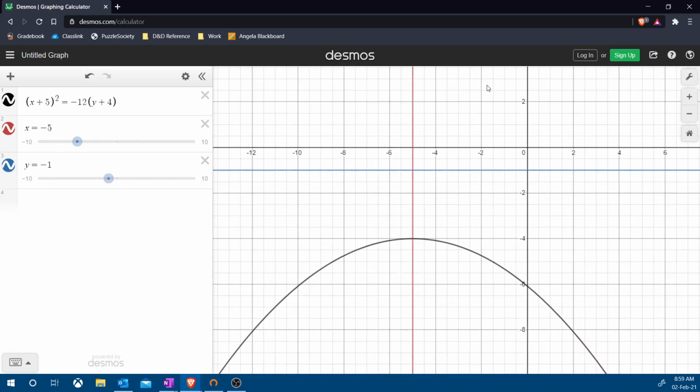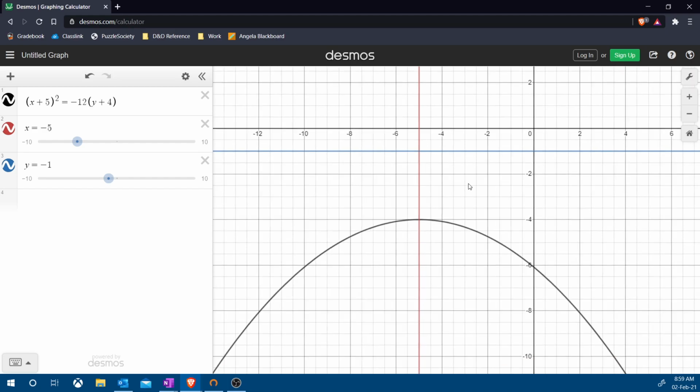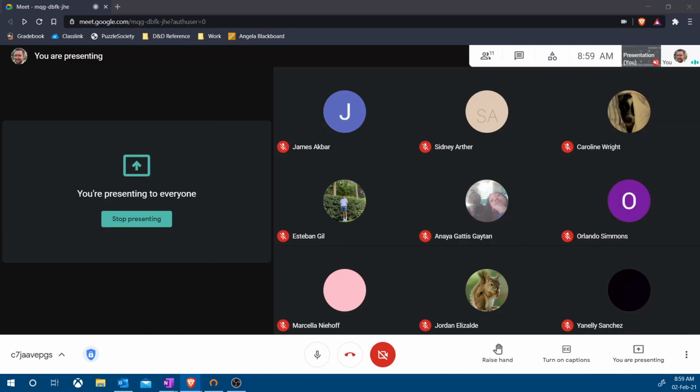And we believe our vertex is at negative 5, negative 4. That matches. And our focus is negative 5, negative 7. Okay, so our focus is equidistant from our vertex, and our vertex is equidistant to our directrix, so everything worked out. Yay!